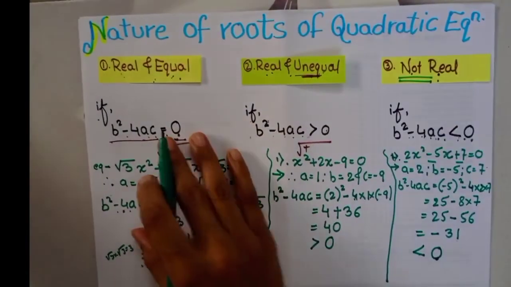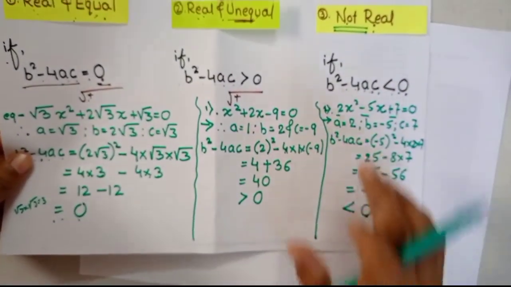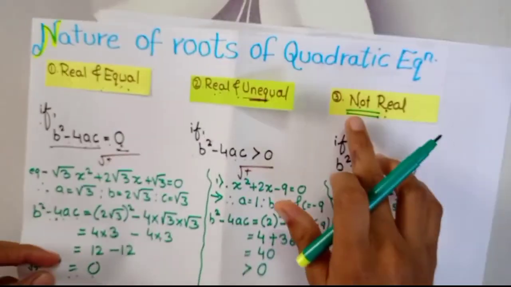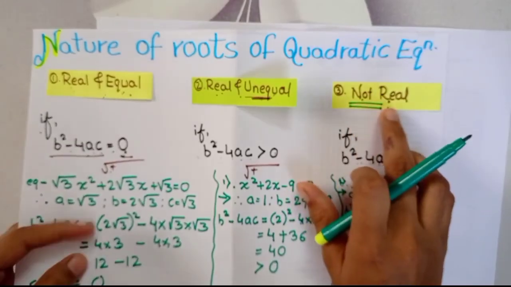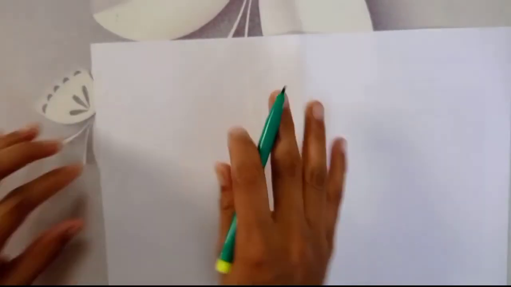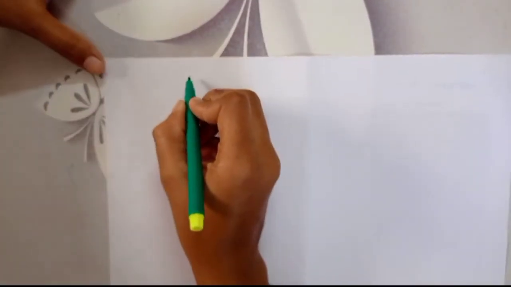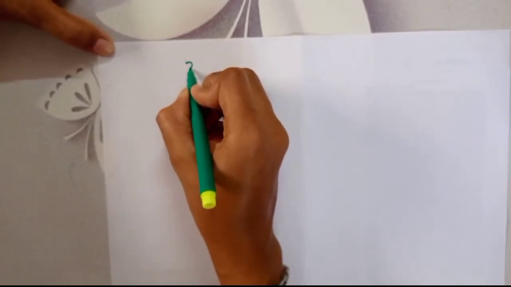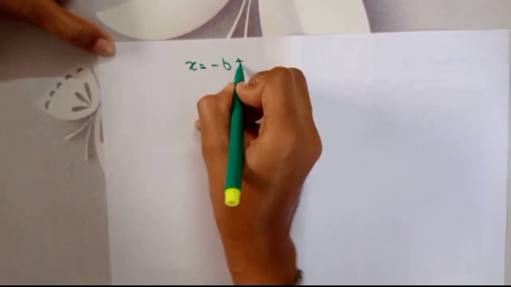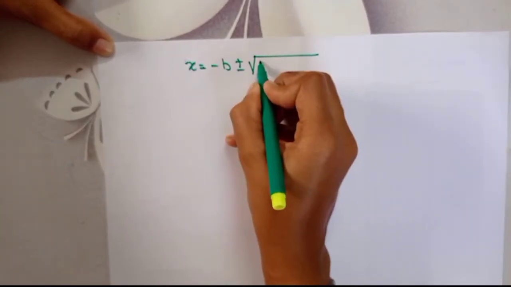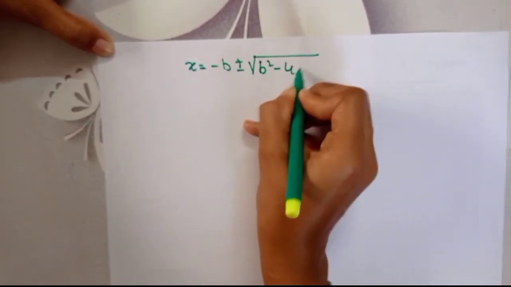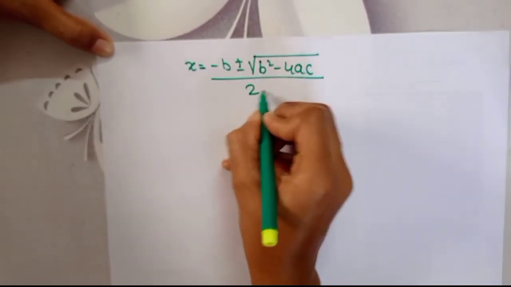In this way, we have solved it. I will give the reason why the roots of this type are not real. What is the formula for finding the roots? x is equal to minus b plus or minus root over b square minus 4ac, by 2a.